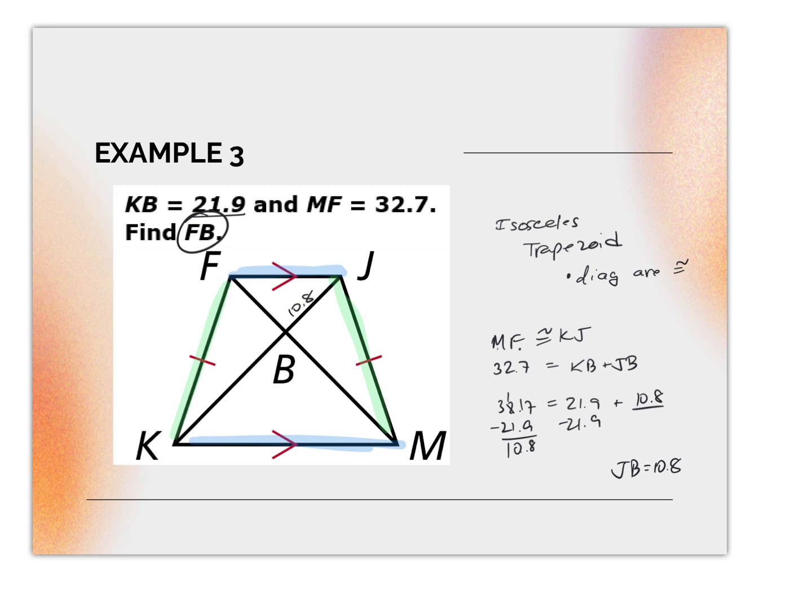Not only are the diagonals congruent, but the small pieces are equal to each other and the longer pieces are equal to each other. So if KB is 21.9, so is this one. And if JB is 10.8, then FB is also 10.8. And so that's how we would get the solution to that problem.